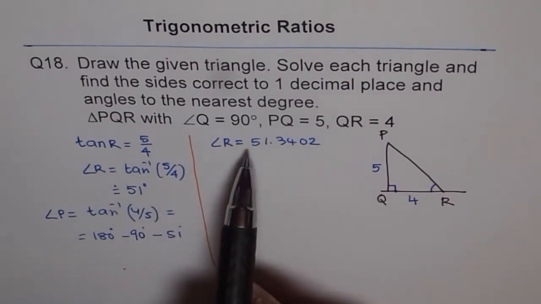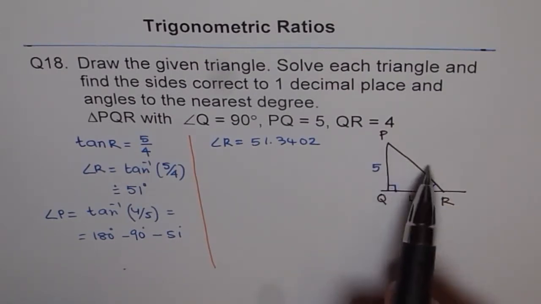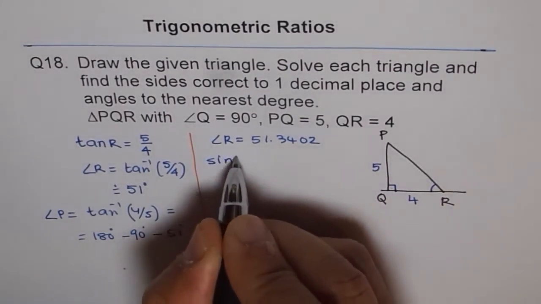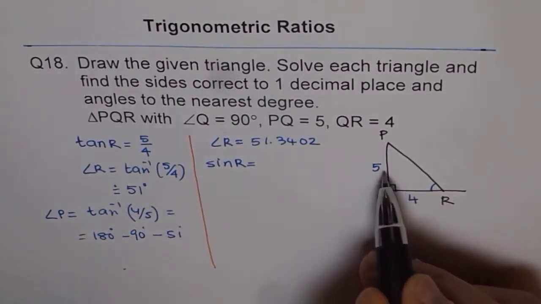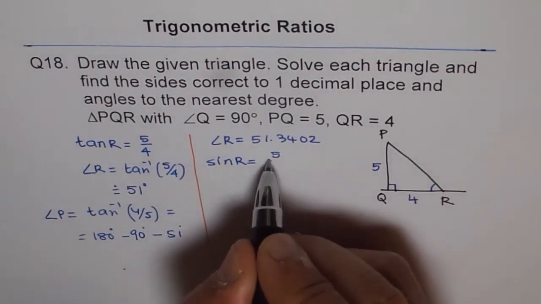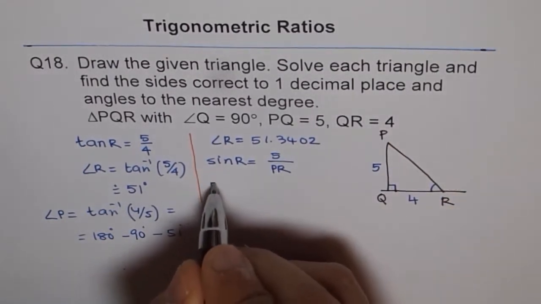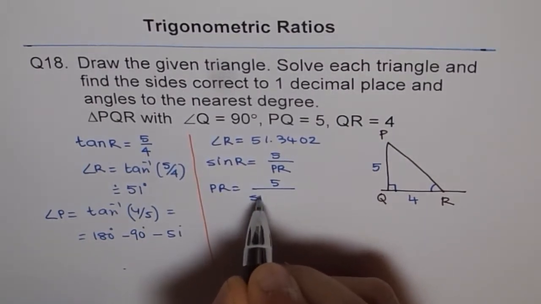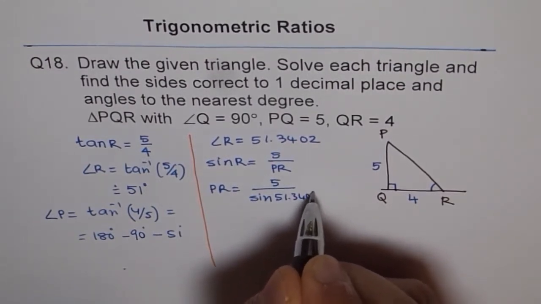So we'll use this angle R to find the hypotenuse, and we can find it using the sine ratio or cosine ratio. So we can say sine R is equal to, from R the opposite side is 5 over PR. So PR is equal to 5 divided by sine of 51.3402.